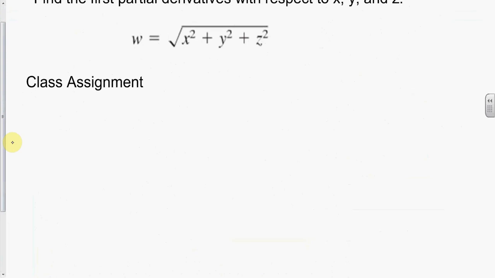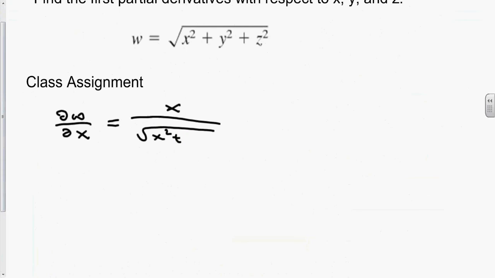All right. What'd you get? Right. So you get x all over the square root. Then for the partial of w with respect to y has that same form.